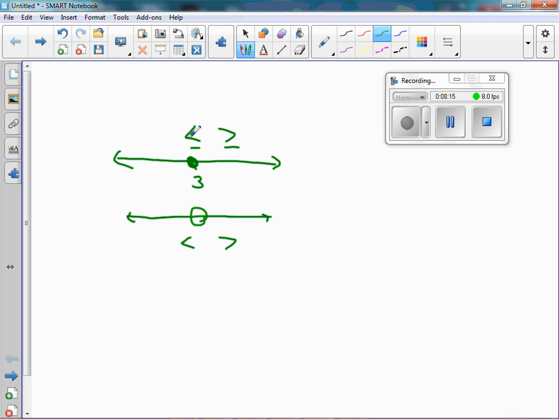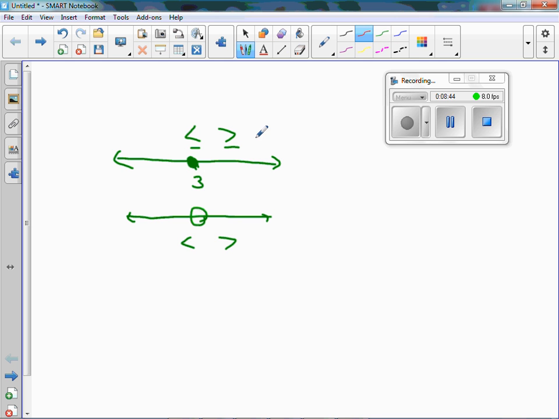So this is a less than or equal to or greater than or equal to. Either way, you have to shade in the circle. When the circle is left unshaded, then you will not have to put the line underneath. So that just simply means less than or greater than.